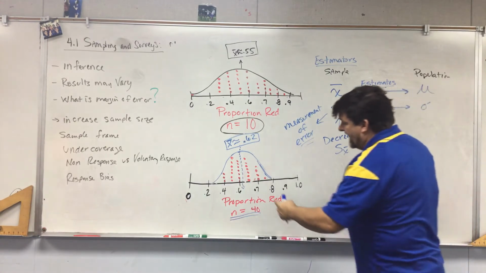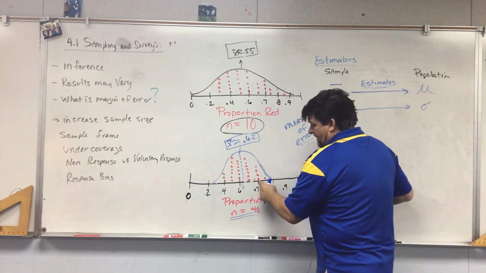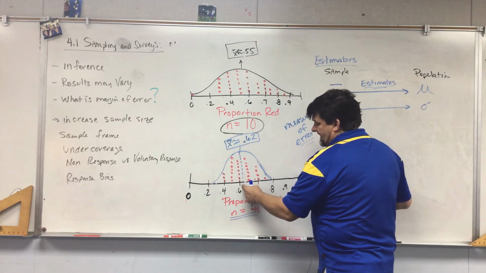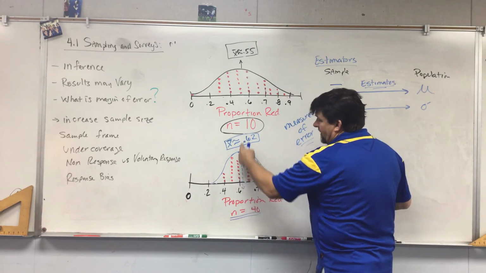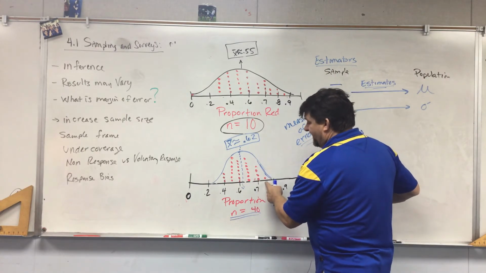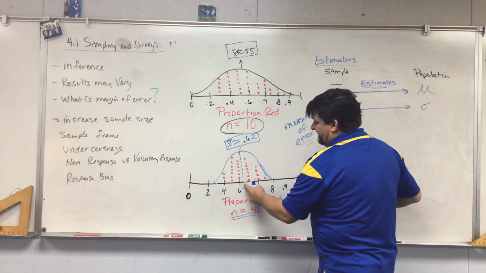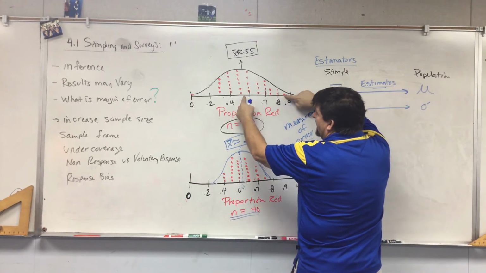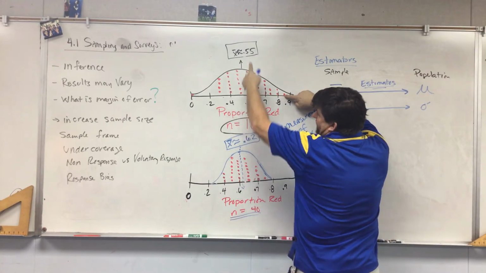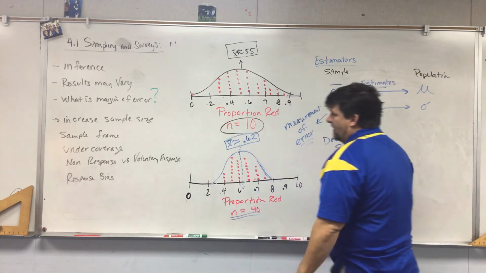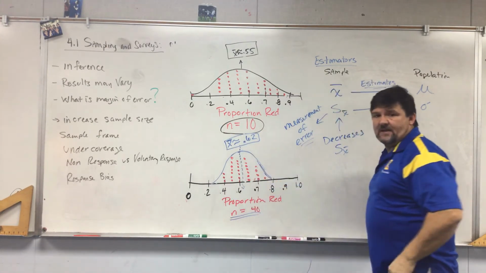How far away are we from the mean? Meaning, how far away is my number from the mean? So 0.7 is 0.18 from here. We'll call that 0.75 is 0.13 from here. But up here, 0.85 is 0.3 away from this X-bar. So we decreased our margin of error by increasing our sample size.